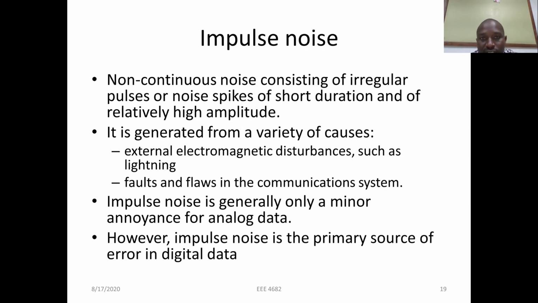Another example of internal noise is impulse noise. This is non-continuous noise consisting of irregular pulses or noise spikes of short duration, and they are usually of high amplitude. They are generated from a variety of causes, such as external electromagnetic disturbances like lightning, or even faults and flaws in communication systems.